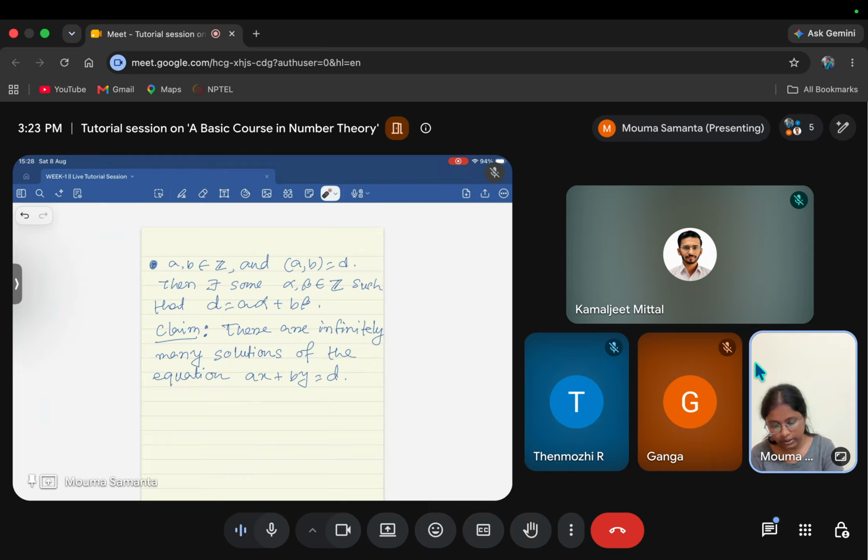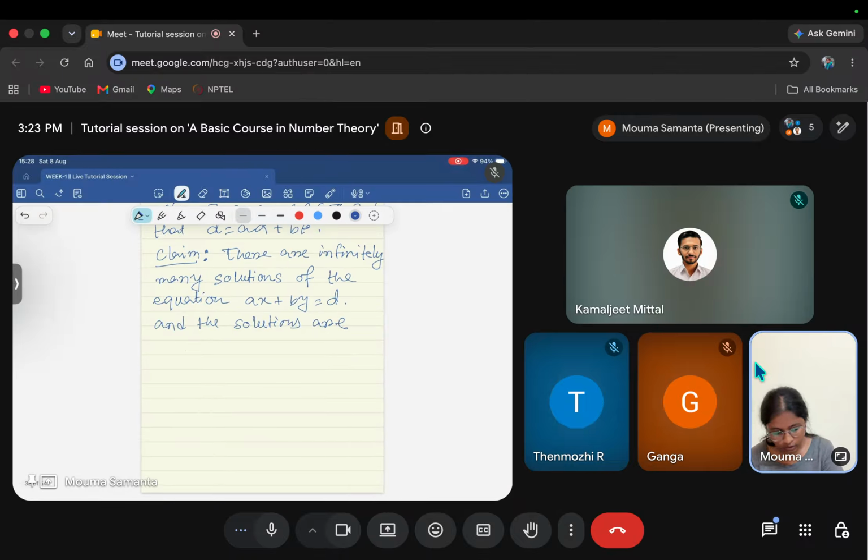In particular the solutions are x equals alpha plus b by d times k, and y equals beta minus a by d times k, for some integer k.